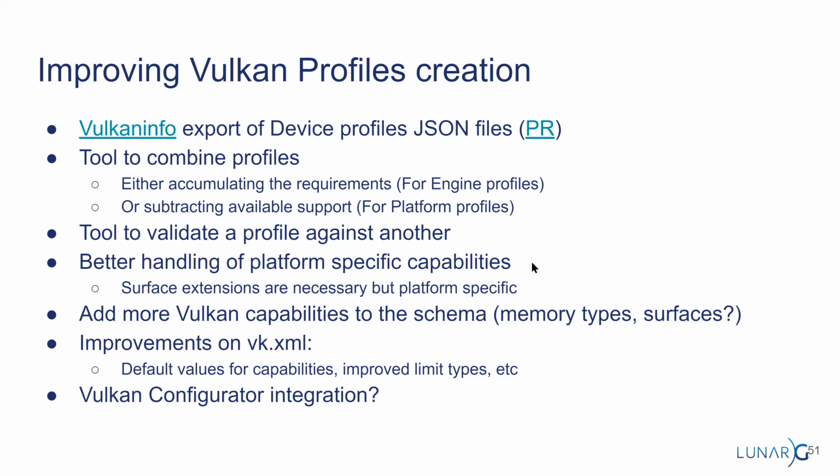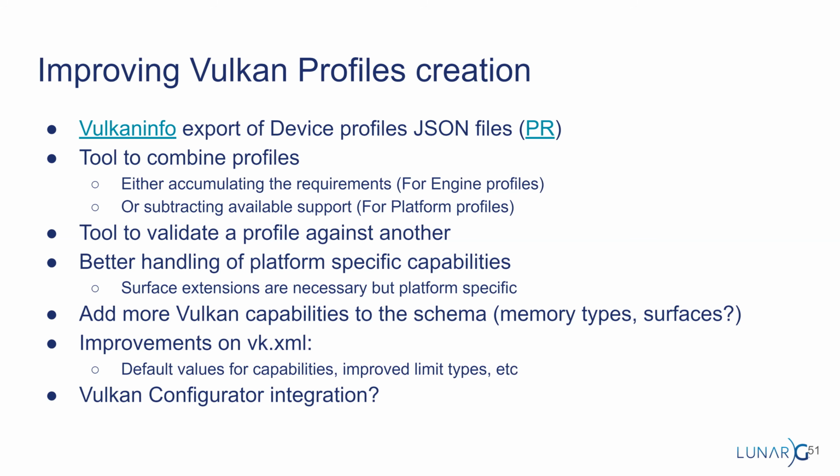So maybe something we need to improve is better handling of platform-specific capabilities. So, for example, surface extensions are often instance extensions, but the profile layer doesn't handle instance extension overriding.